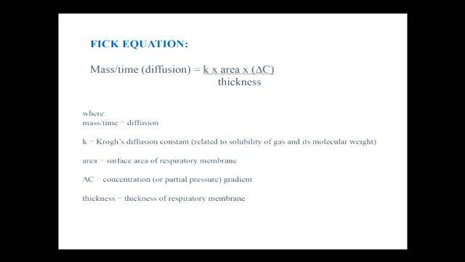So, how do we calculate diffusion? Firstly, a constant. It's called Krogh's constant. In fact, Krogh's diffusion constant. And the word solubility is relevant to that constant. The constant basically determines how soluble a gas is. Now you might say, why is that relevant to diffusion? Because where are you diffusing from and into?